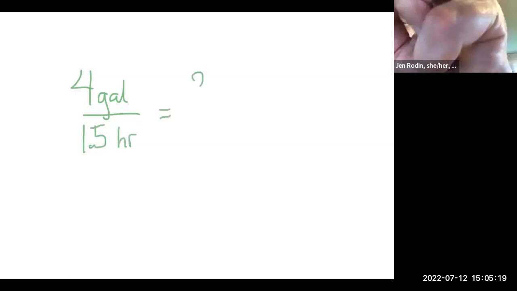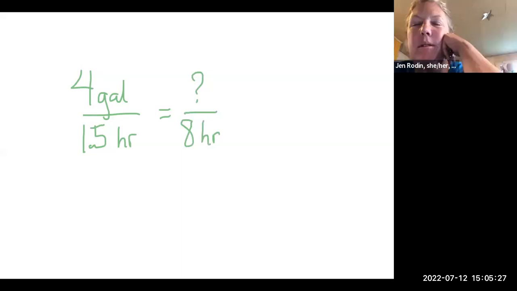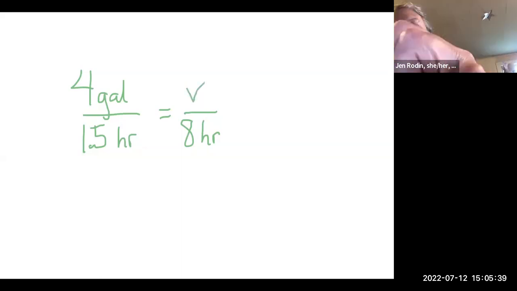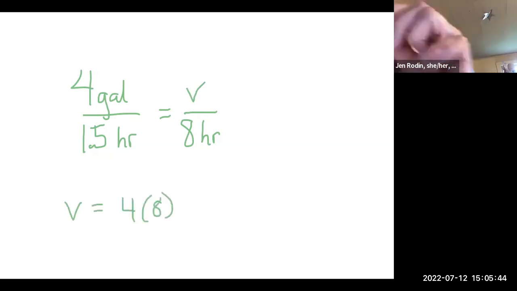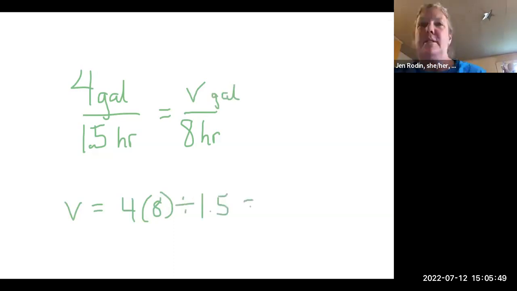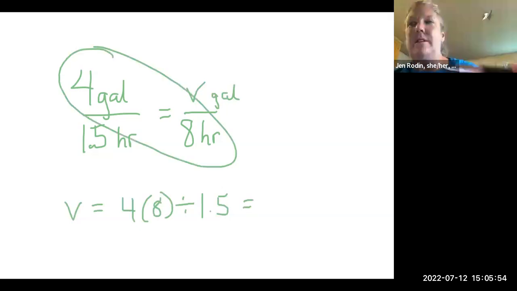How many gallons of fuel for 8 hours? I would set that one up that way, but if you did it slightly different way, that's okay too. Then we'll just call that G for gallons. Oh no, it looks like a 9. Let me call it something else. V. So V is going to equal 4 times 8, and it'll be gallons, divided by 1.5. So that would be how to solve that one, that diagonal, and then divide.